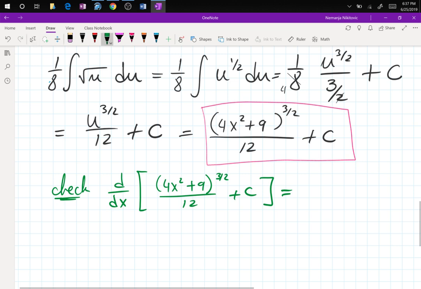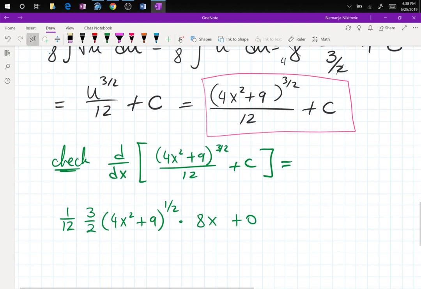So to differentiate this, I will kick 1 over 12 outside as a constant, and then differentiate the parenthesis, which is 3/2 times the parenthesis to the 3/2 minus 1, which is 1/2, times the derivative of the inside, which is 8x, and then plus 0, the derivative of plus c.